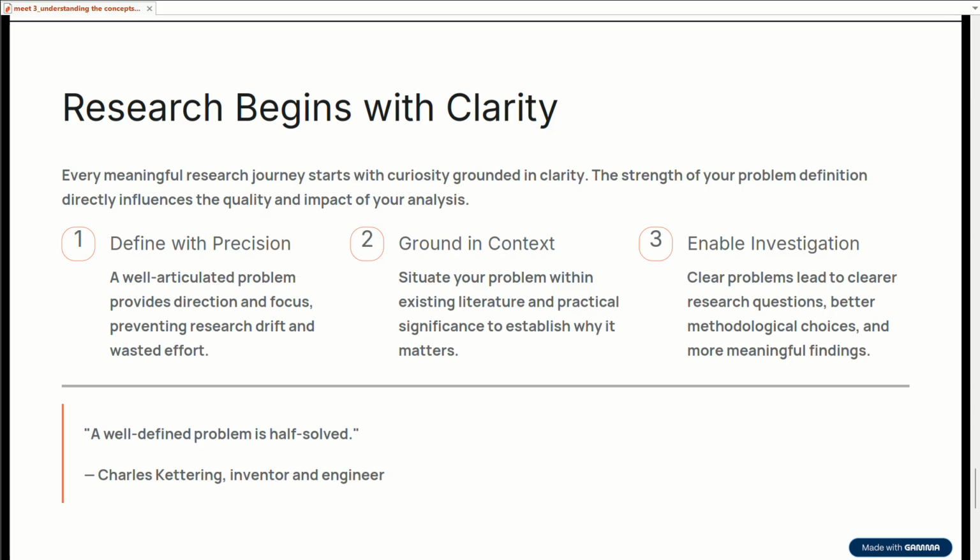Then the second, ground in context. Situate your problem within existing literature and practical significance to establish why it matters. So you should have a strong academic basis from the core theory from the experts or the newest academic papers written in publications from reliable and maybe highly cited research journals.